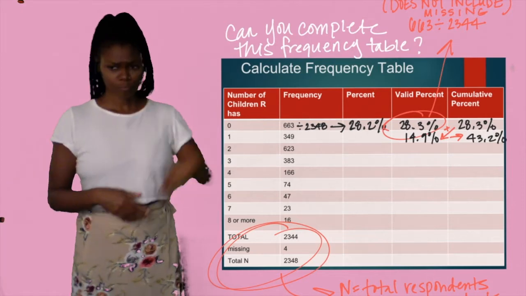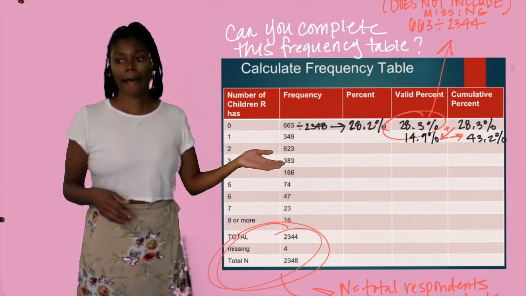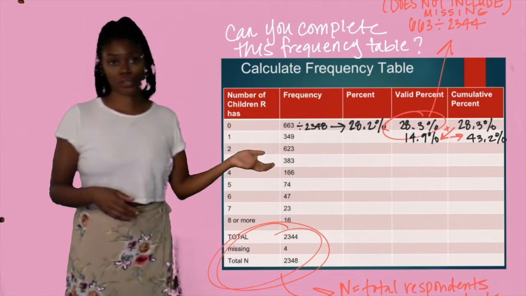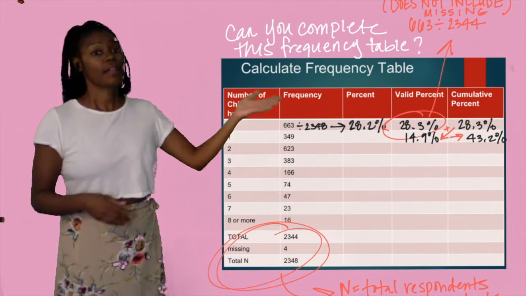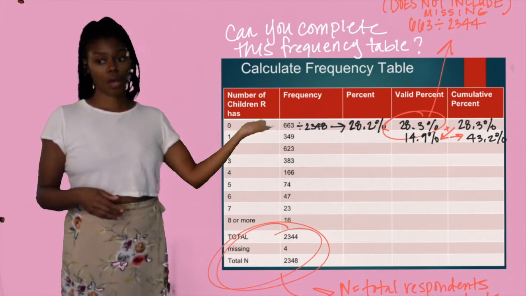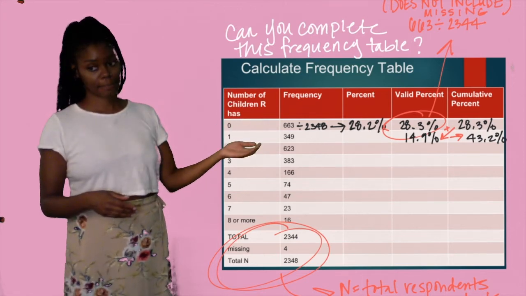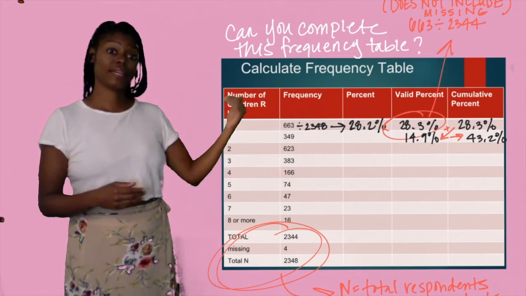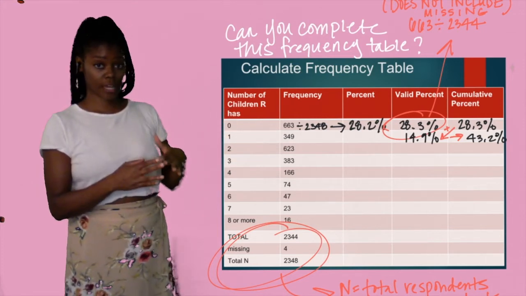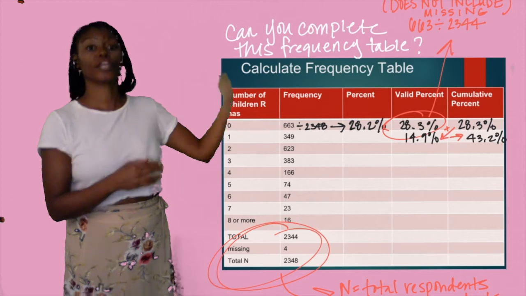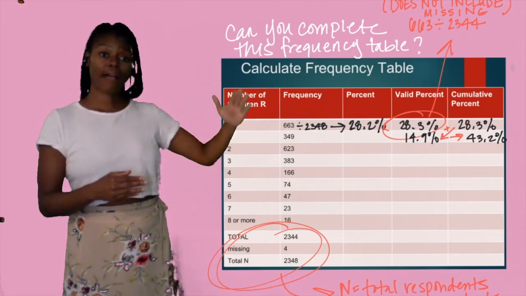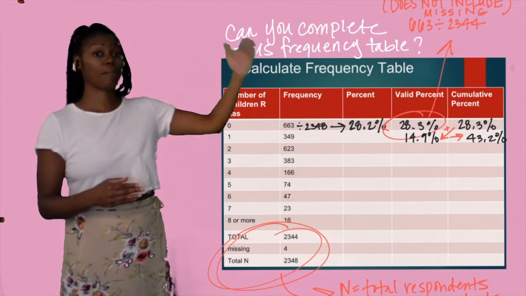Okay, you can see here I have pulled a variable from the General Social Survey 2006, number of children a respondent has. To calculate the cumulative percent, you would take the valid percent of the category above it.